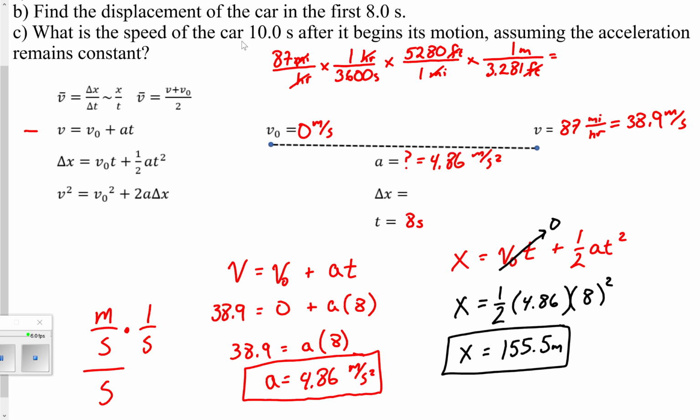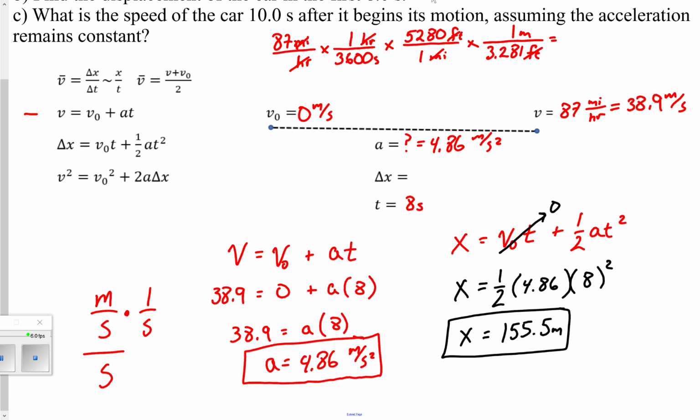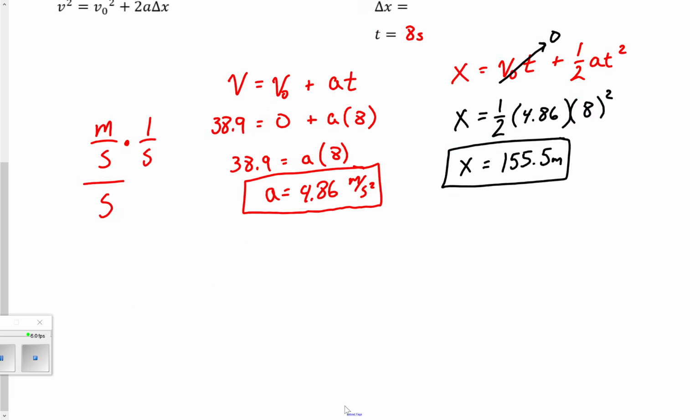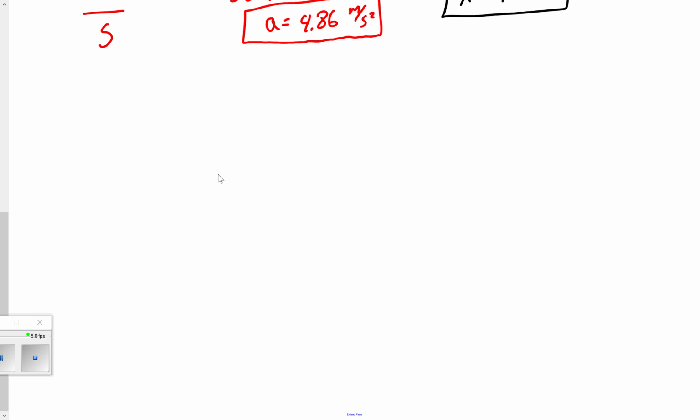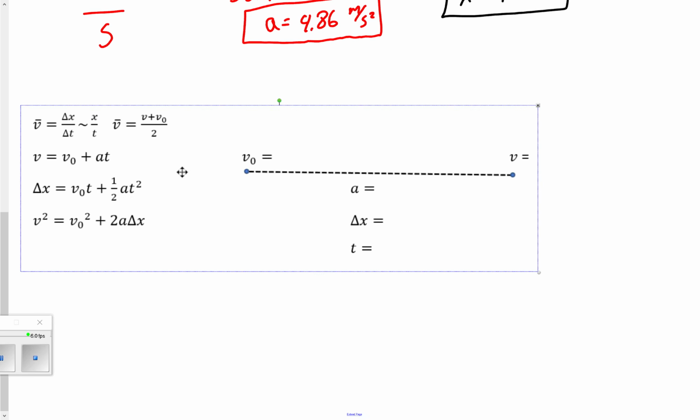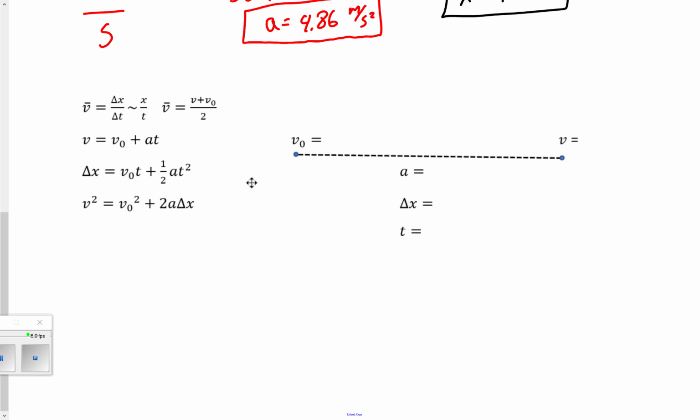What is the speed of the car 10 seconds after it begins its motion, assuming the acceleration remains constant? So what we've really got here, I'm going to extend the page. Let's take a look at this again. Assuming everything remains constant. So here's the problem.